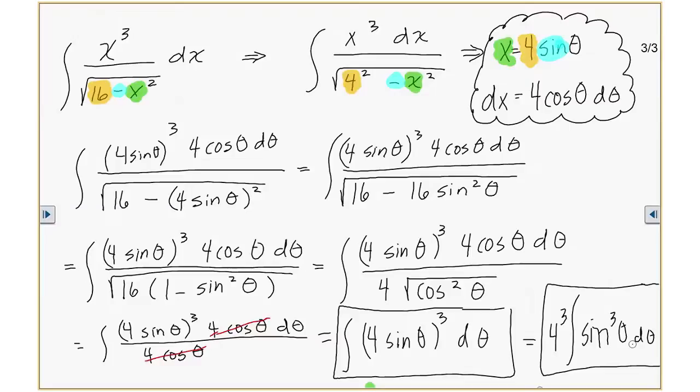Sine cubed theta. Sine to the 5th. Okay, sine to the 5th. I still thought there was sine cubed somewhere. I guess not. Sine to the 5th. So take that to the next page.